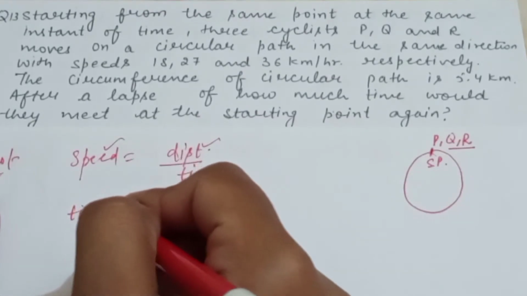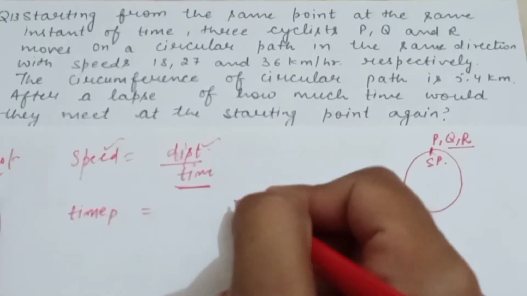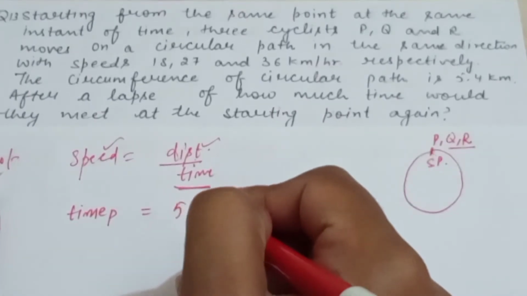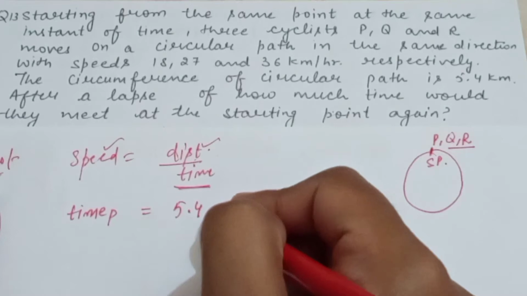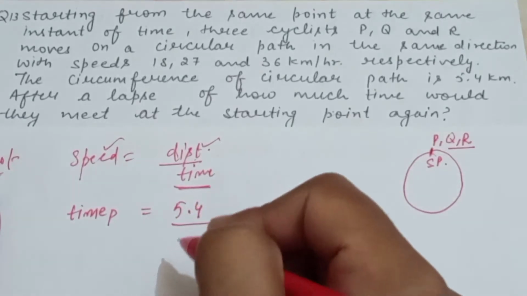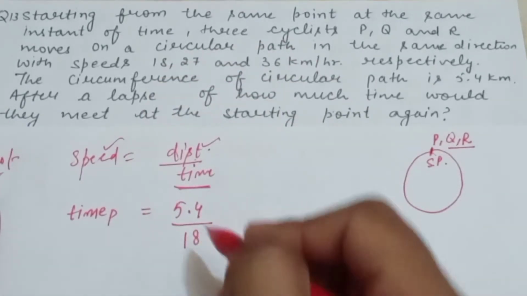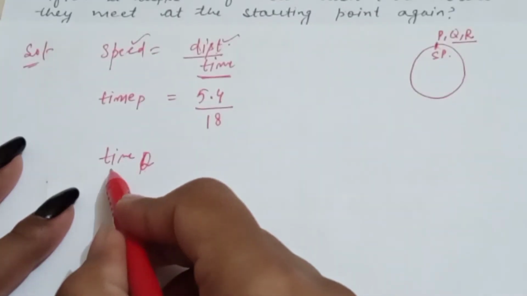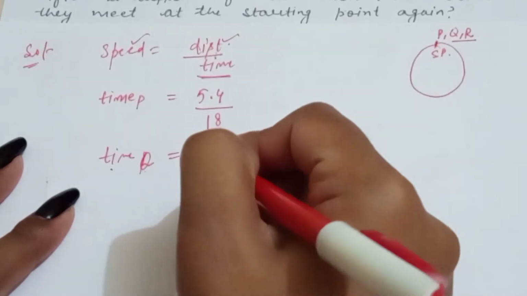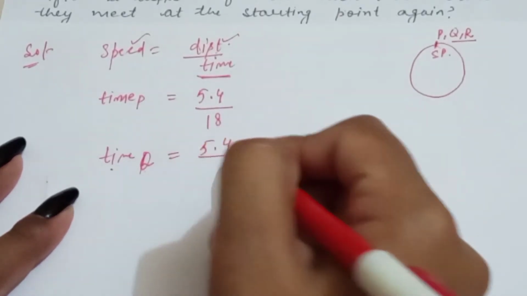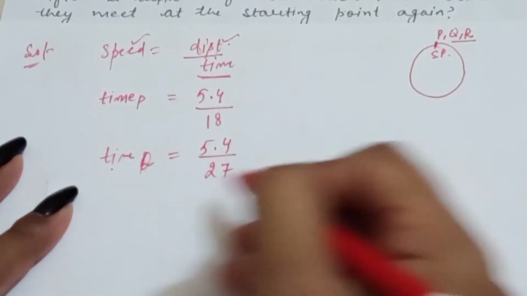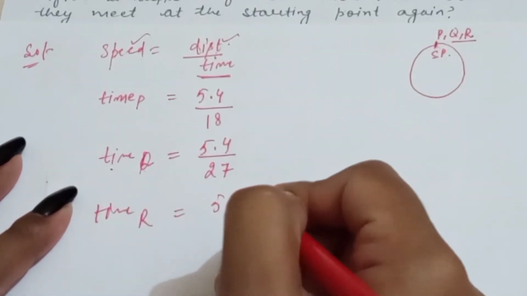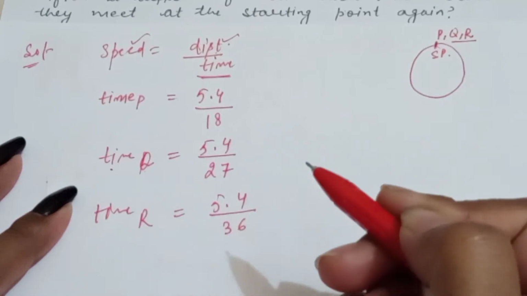So time for P equals to distance, which is equal to 5.4, divide by speed. Speed is 18 for P. Time for Q equals to 5.4 upon speed 27, and time for R equals to 5.4 upon speed 36.